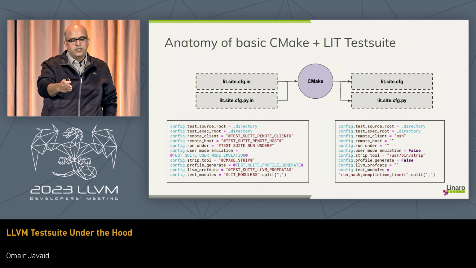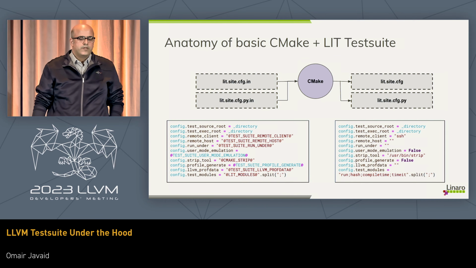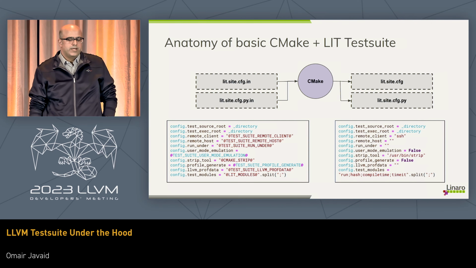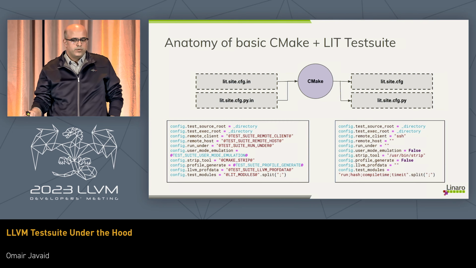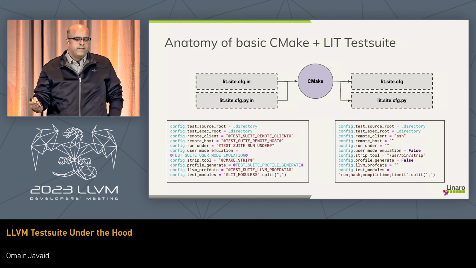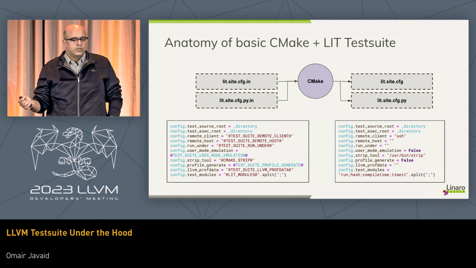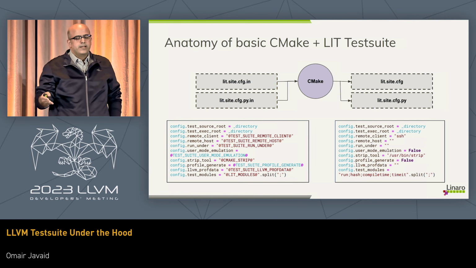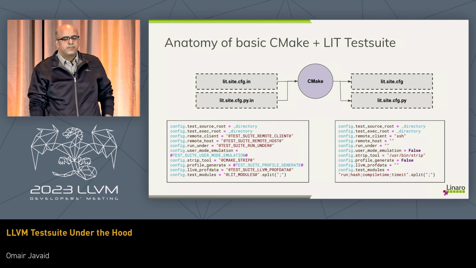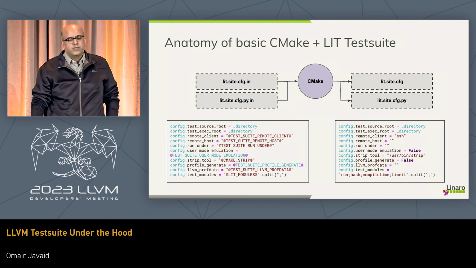CMake tests on the left side is the include file. It has the placeholder variables, which when we run CMake get transformed into the file on the right, and they have been populated with different information like whichever tools are currently configured for the particular test suite, or the source folder, or the modules. For example, in this case, we are extending lit, so we have custom built modules as well, which we have included.